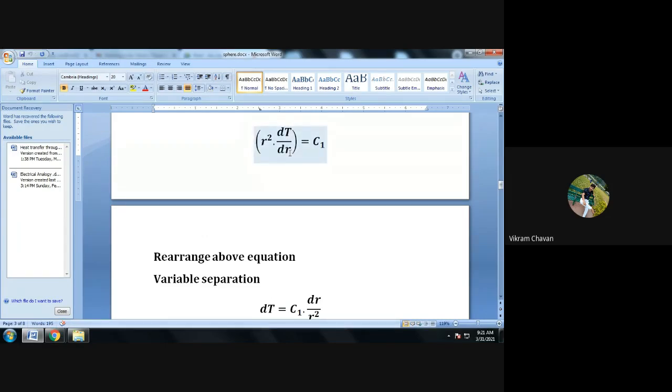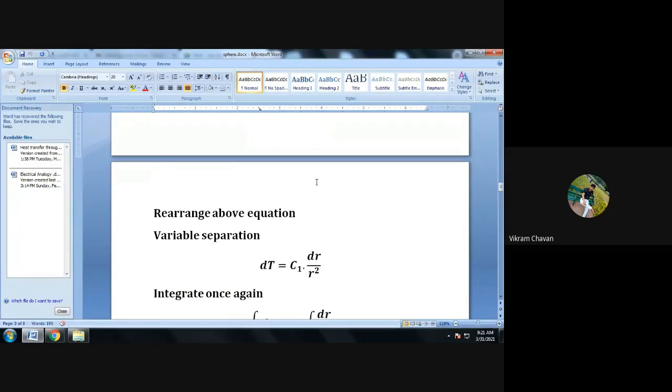So these variables we need to separate so that it will be easy for the further integration. So r terms we have to take on one side and dt term on the other side. So we have shifted dr and r square on the other side. Okay, so then we will get the equation as rearranged above equation, variable separation.